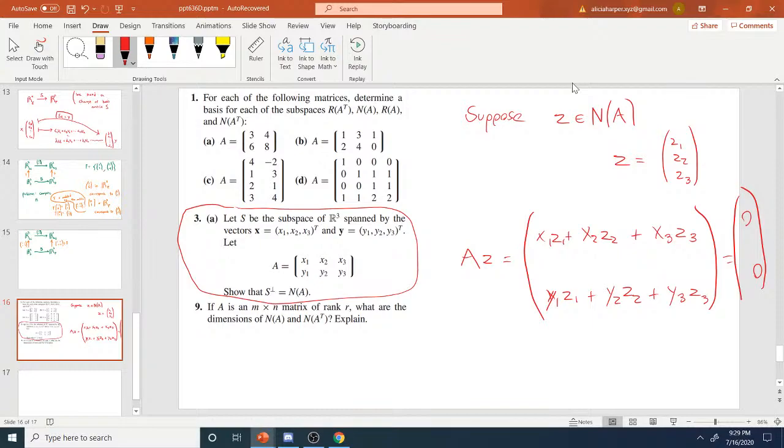Note that the top entry is the same thing as the vector x transpose multiplied with the vector z, whereas the bottom entry is the same thing as y transpose multiplied with z. So this has to be 0, and this has to be 0. And we also know that S is spanned by x and y.